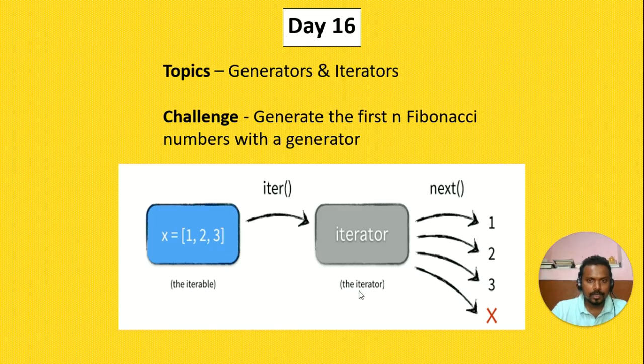Every time I call next, the output will be one item at a time. At first I'll get 1, and then 2, and then 3.